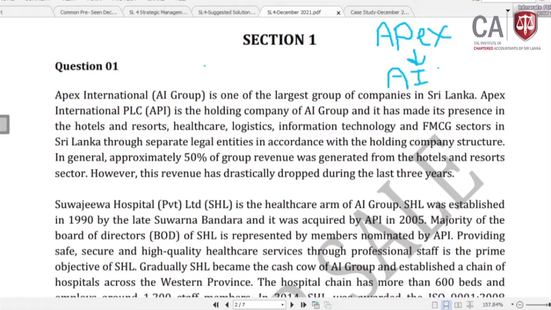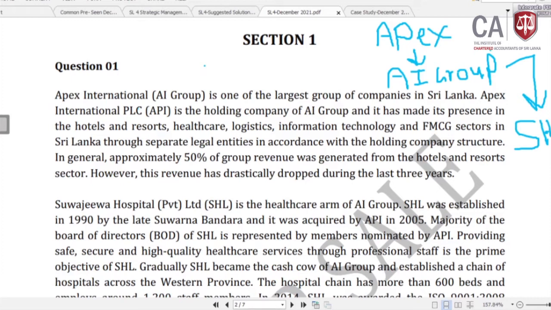Under the AI Group, you can identify SHL. So, SHL is part of the AI Group.